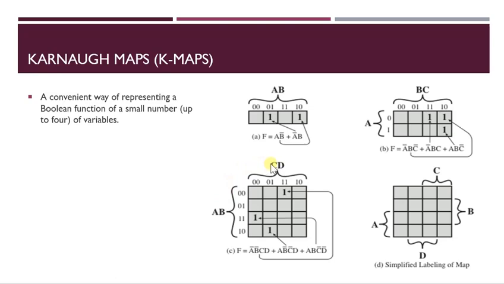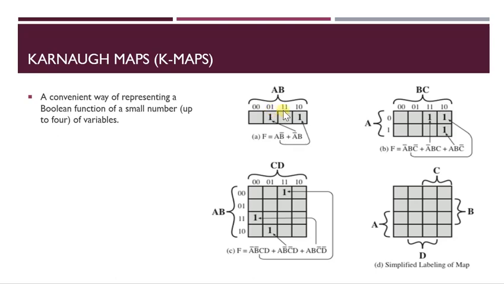All right. So how do you determine the bits for each of the cells inside the K-maps? For example, this one, AB. First of all, you must start with 0 0 because we have 2 variables, so this should have a combination of 2 digits. So we start with 0 0, followed by 0 1.